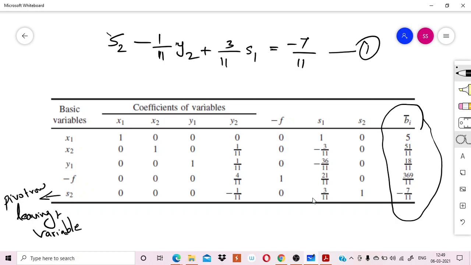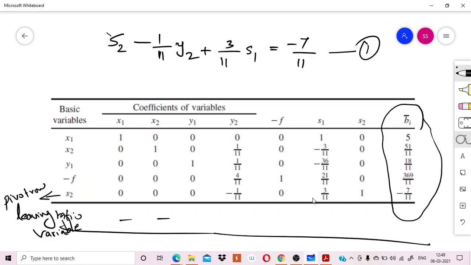And the entering variable, in order to find that, you have to fill the ratio row. So that will be not defined, not defined, not defined, and 4 by 11 divided by minus 1 by 11, so it will be 4. Then not defined, then this will be some negative number, so you can discard that negative number.